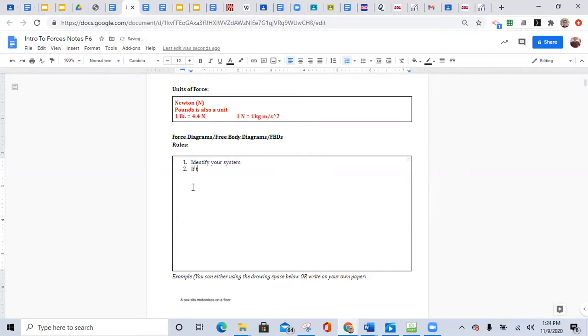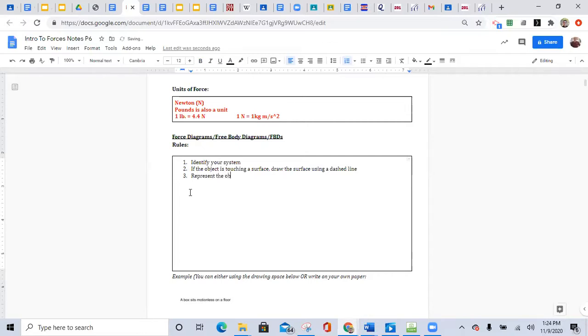Then, if the object is touching a surface, draw the surface using a dashed line. And I want to say I didn't invent these. This is something that physicists have agreed upon. I may be making them more explicit than others do, but this is a universal physics system.